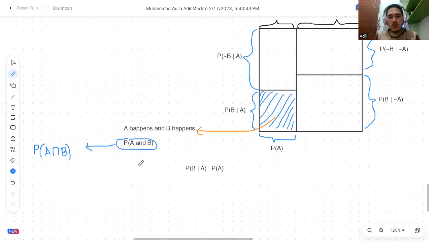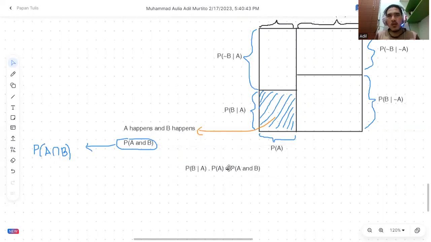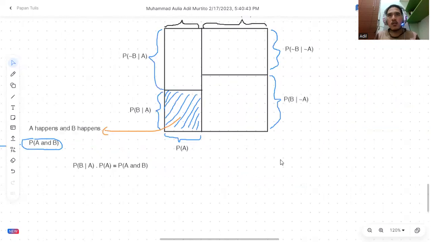So this multiplication means P(A and B). It tells us this value.